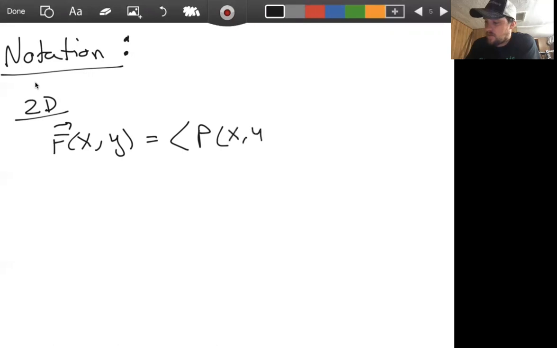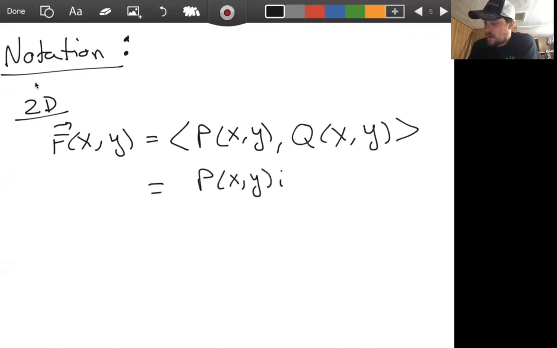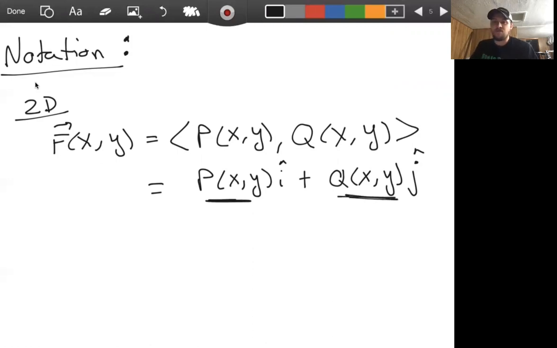So we have p of xy and q of xy, right? Or you can express this as p of xy i hat plus q of xy j hat. Okay, and so now the components of your vector are functions, and at the point xy, the vector is going to be p i hat plus q j hat, right?